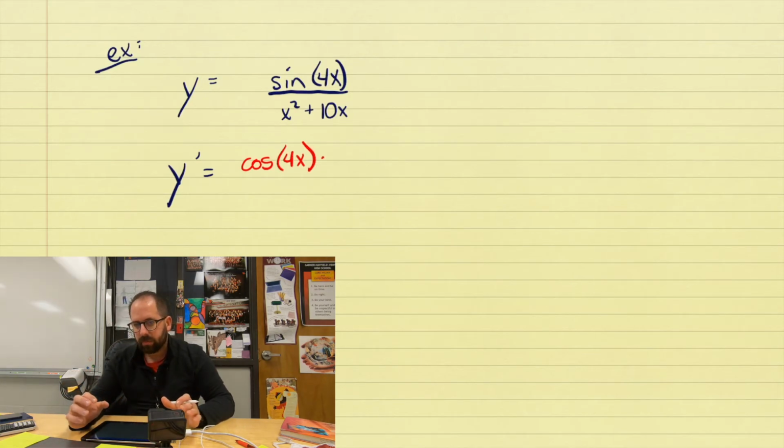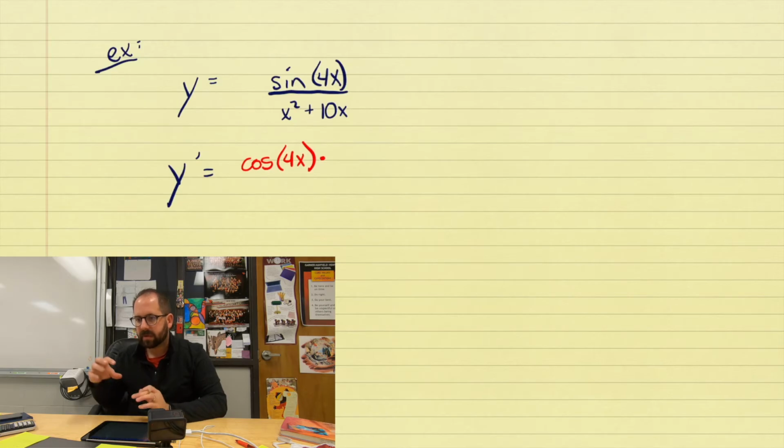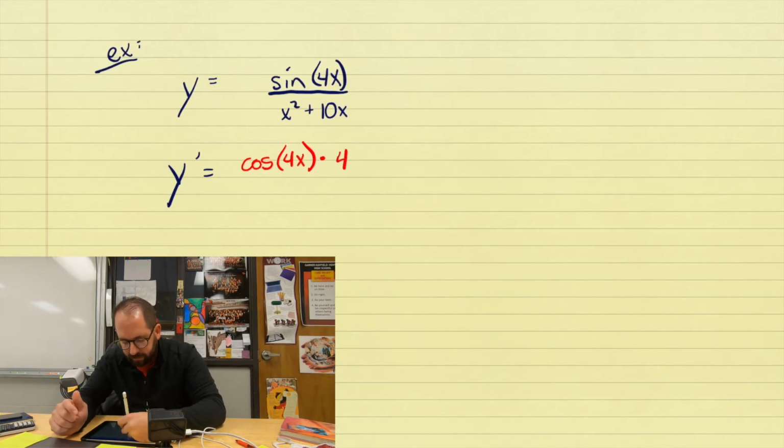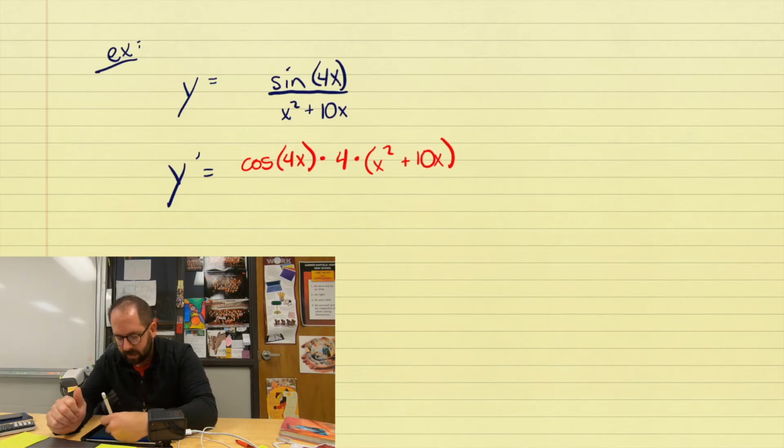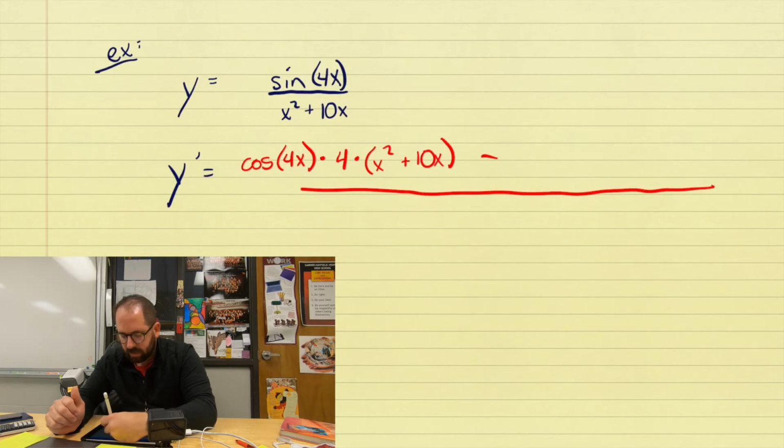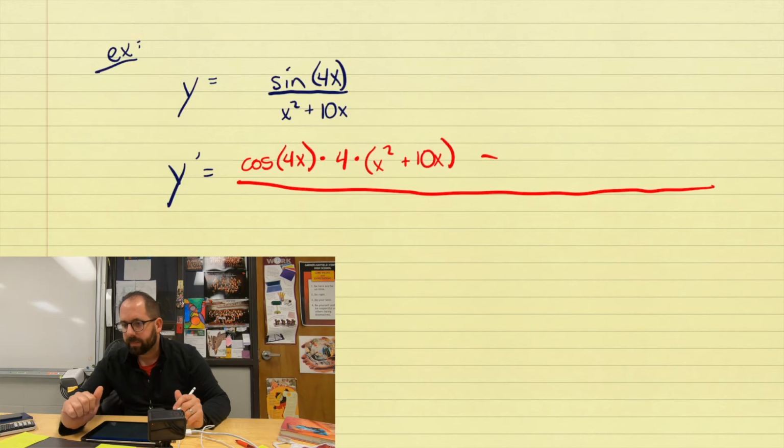That's the chain rule: derivative of the outside times the derivative of the inside. Then we have to take it times the bottom, because that's the derivative of the top times the bottom. Minus now, what do we have to subtract? You have to subtract the derivative of the denominator. The denominator is 2x plus 10.